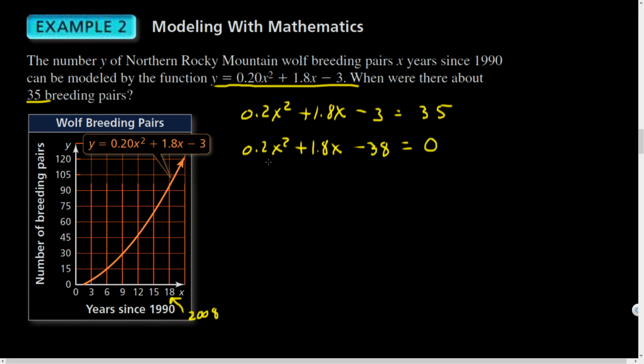And tell you what, in order to get rid of decimals, whatever number of digits are after the decimal, you can multiply by some power of 10. Multiplying by 10 will shift it over one place, 100 would shift it 2, 1,000 would shift it 3. If I multiply both sides by 10, check this out. I can get 2x squared plus 18x minus 380 equals 0.